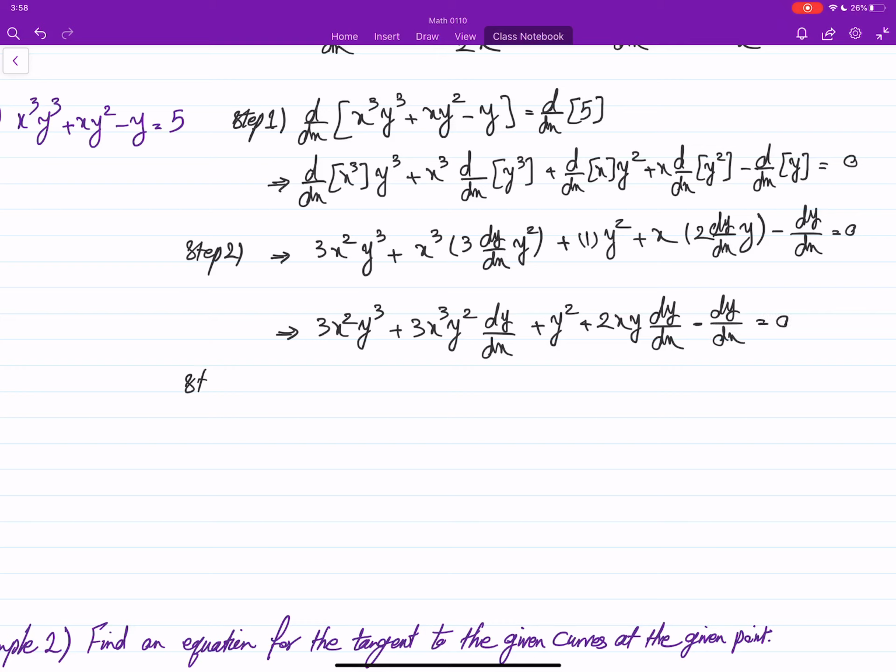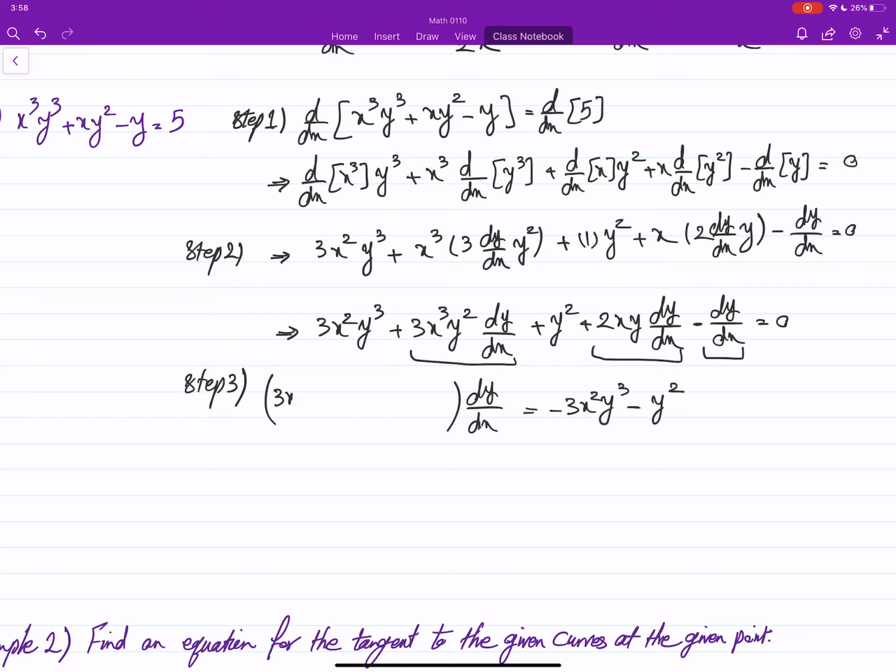Then step 3 starts. We have to solve for dy/dx. We have 3 terms which have dy/dx. Take everything else to the other side. It will be minus 3x squared y cubed minus y squared, and on the left hand side you just factor dy/dx.